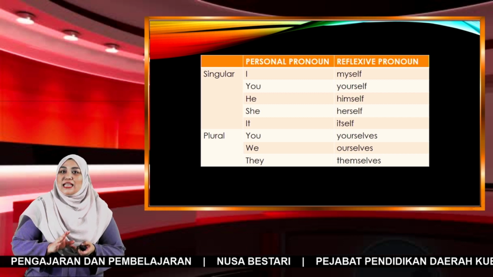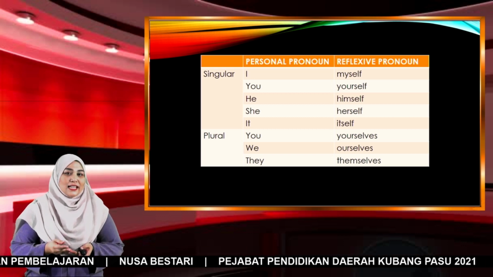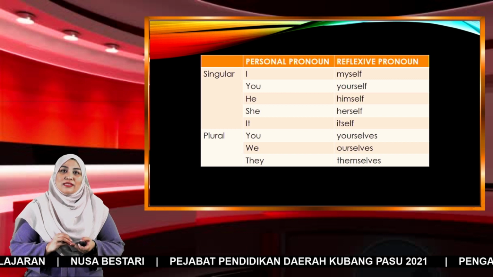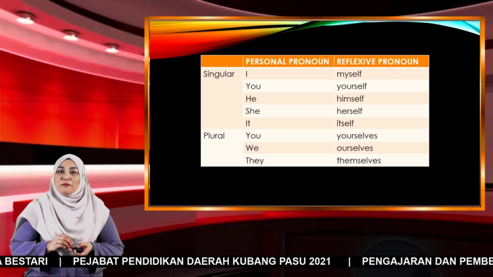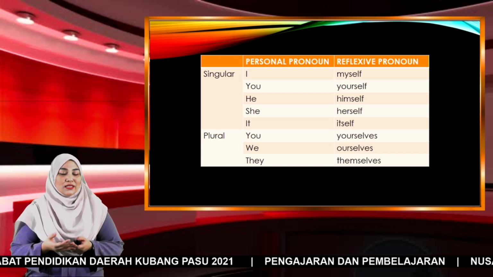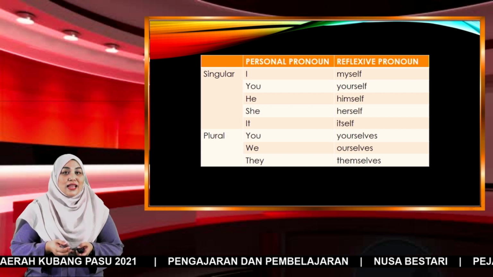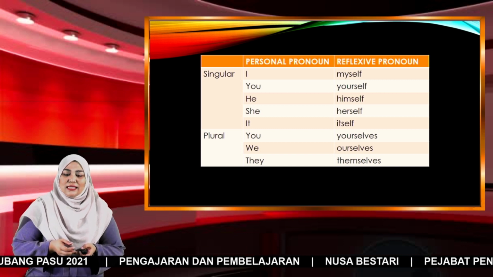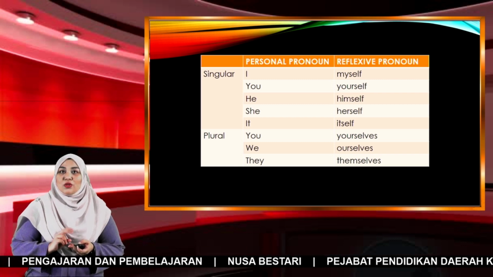It we can use for things and animals. For example, the tiger was eating by itself. So let's take a look at plural. You, we, they. You, yourselves. We, ourselves. They, themselves. As you can see here, we have you twice.